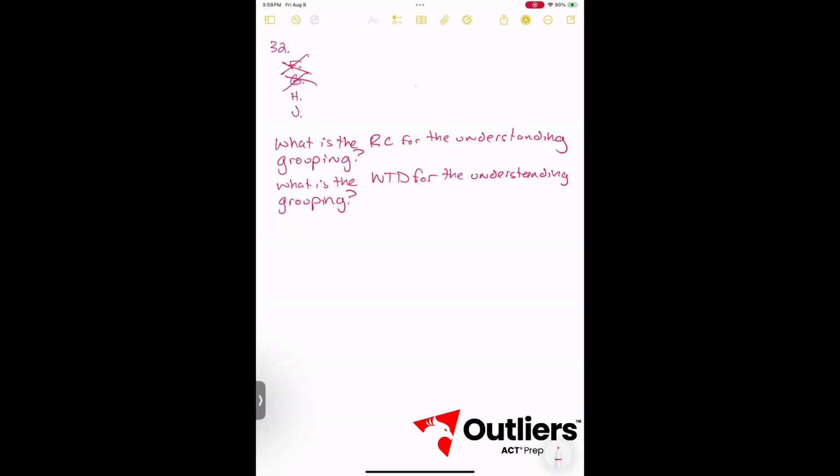And so that's going to be answer H. And that's why it's not answer J, because then it just focuses on the short and long signals, which is better than the others because it's focused at least on the signals, but not the combination of signals, which is the pattern of signals. And so that's the word that we want the emphasis to be on.